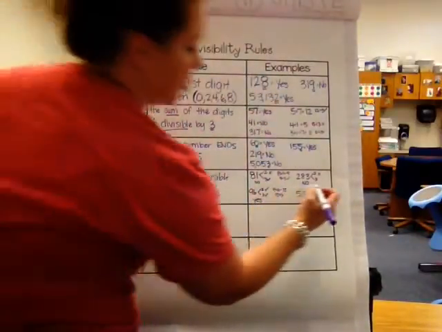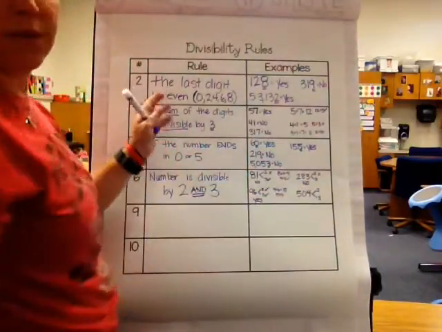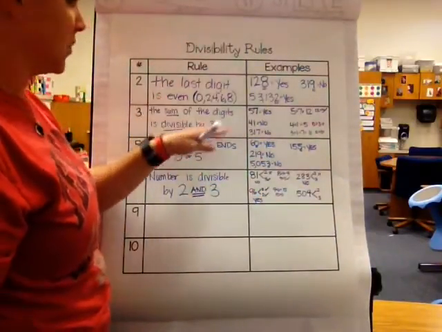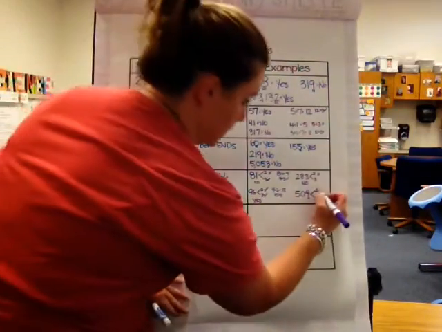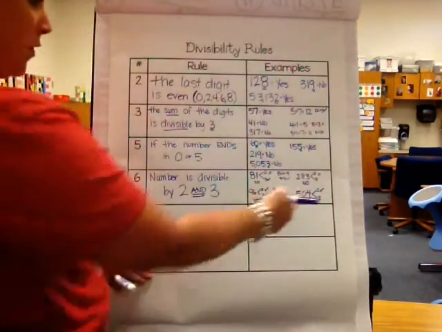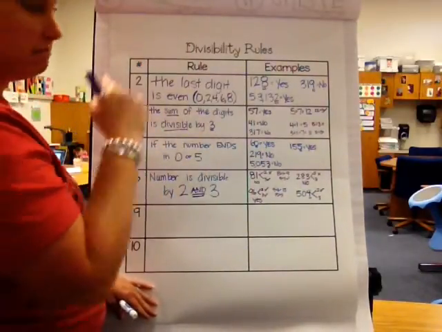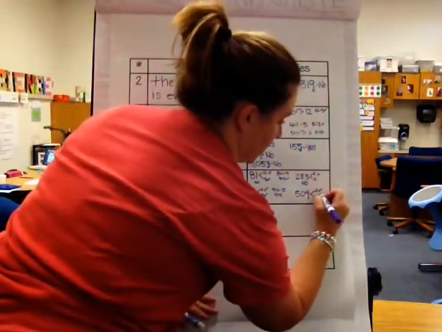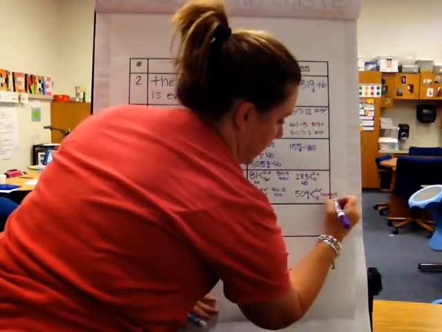Okay, it has to be divisible by 2 and 3. Okay, my 2 rule. What is my 2 rule? You're right, it has to be even. Does my number end in an even number? Yes, it does. 3 rule. The sum of the digits is divisible by 3. Okay, 5 plus 0 plus 4 is 9.